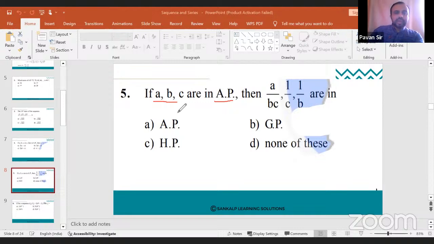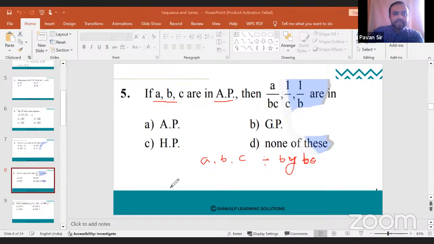See, A, B, C are in AP, it is given. So write it down. A, B, C are in AP. Dividing throughout by BC, what will we get? Divide all the terms of the AP series by BC.